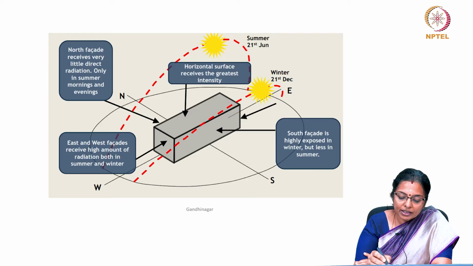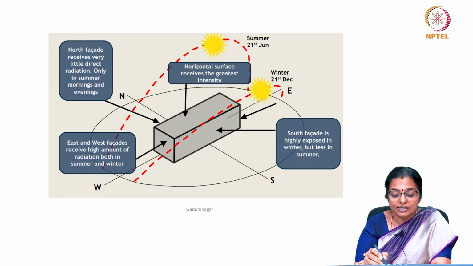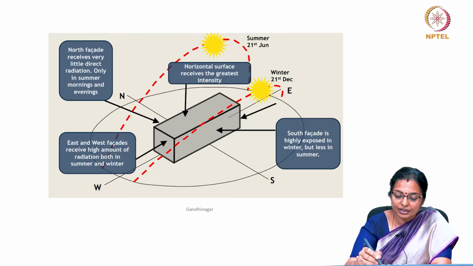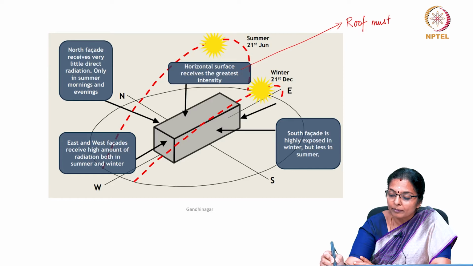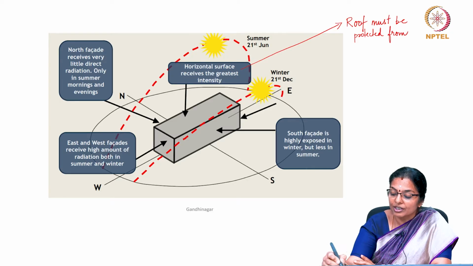You can see that the horizontal surface receives the greatest intensity of solar radiation. Hence, in this kind of climate, the roof must be protected from direct solar radiation.